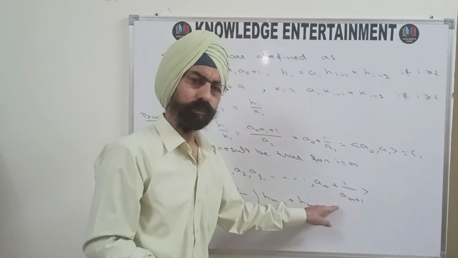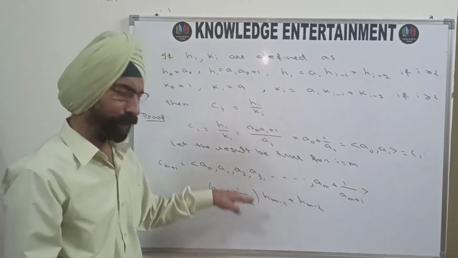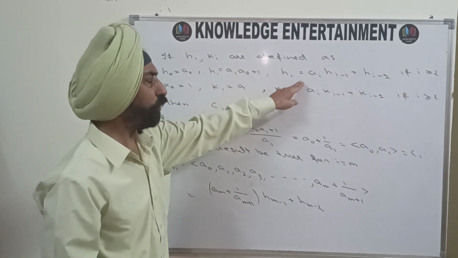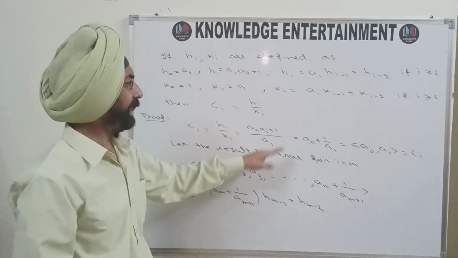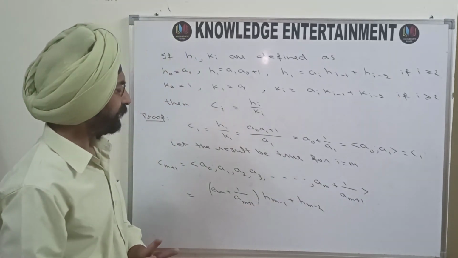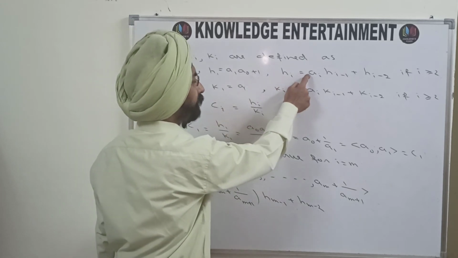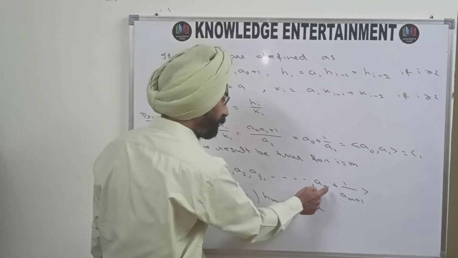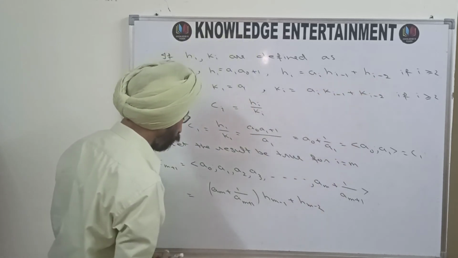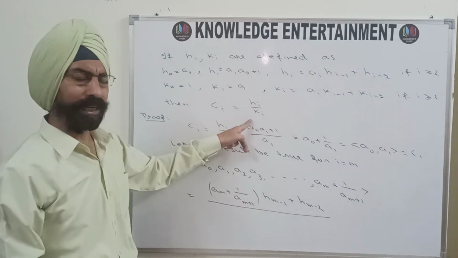Combining these two, the number of partial quotients is m, and by the induction step it is Hm by Km. Because of this formula we have used this: the last one is Am, and this is your Hm. So the last Am is Am plus 1 upon Am plus 1, Hm minus 1 plus Hm minus 2, divided by Hm upon Km.